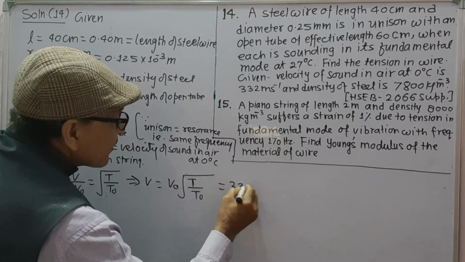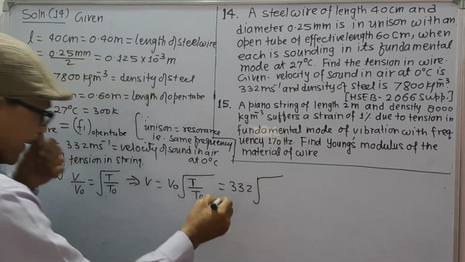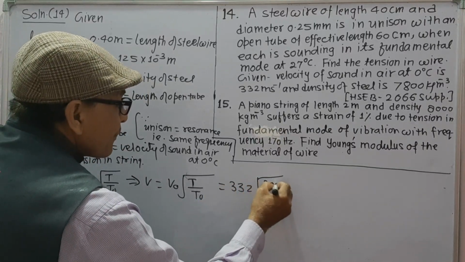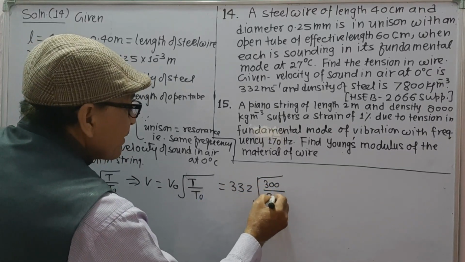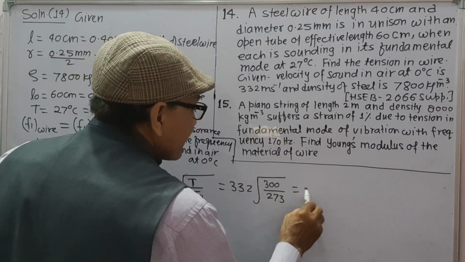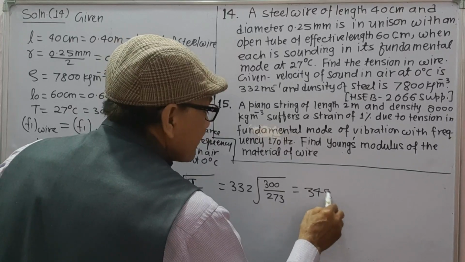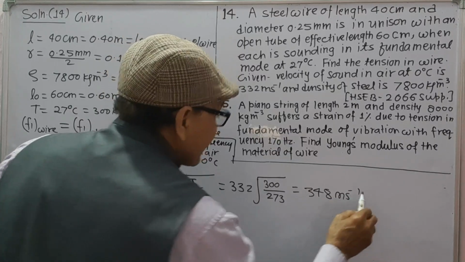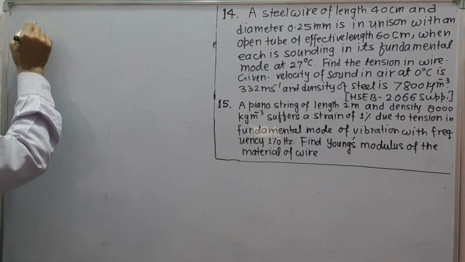V naught is 332, T is 300 and T naught is 273. This gives V as 348 meter per second.